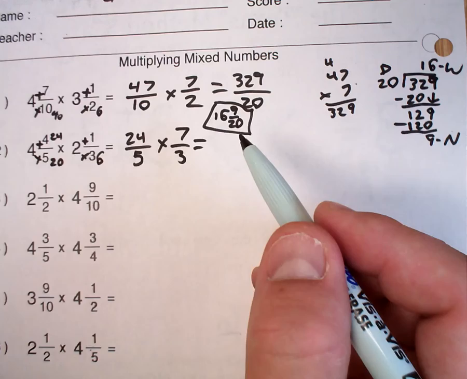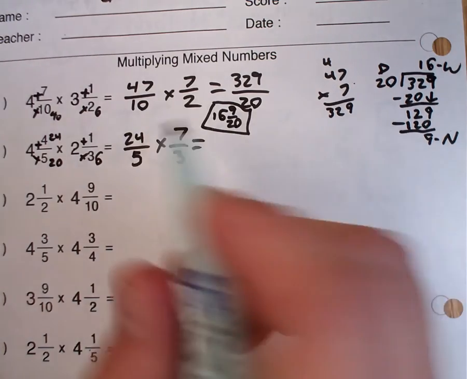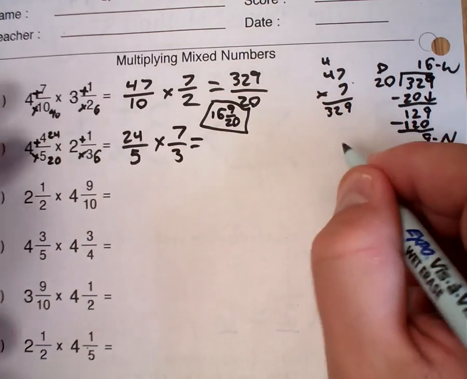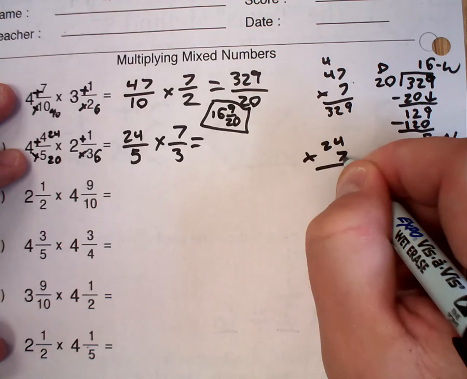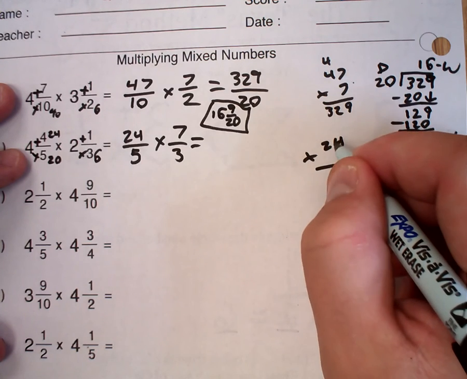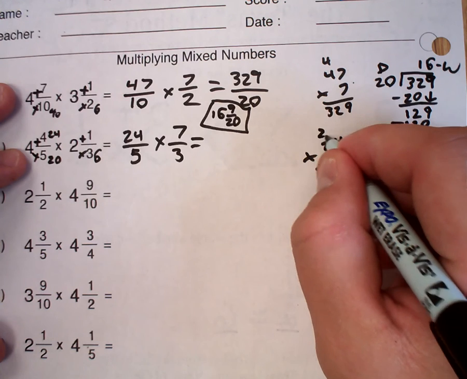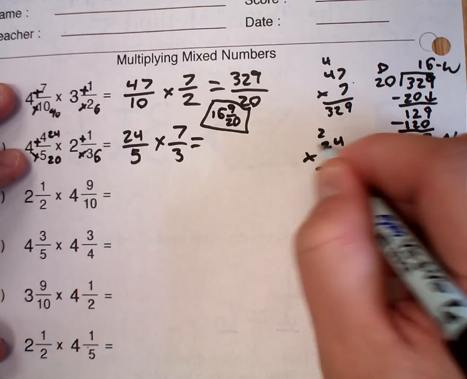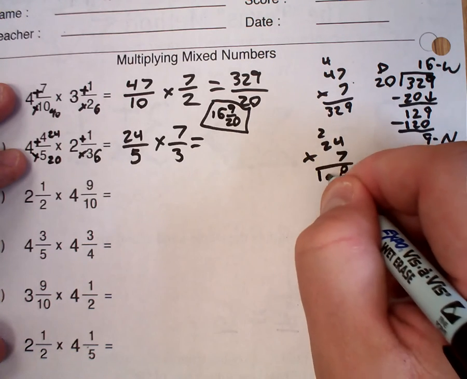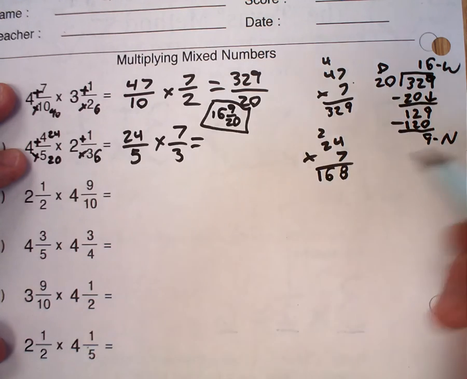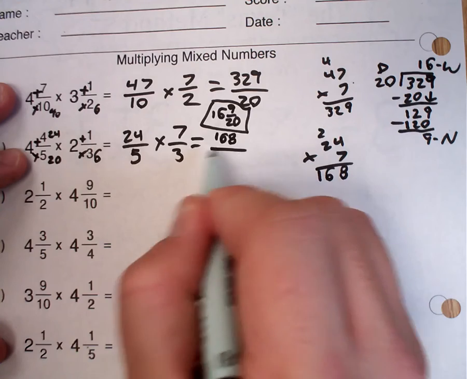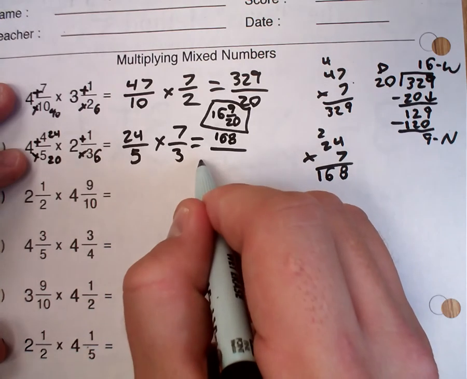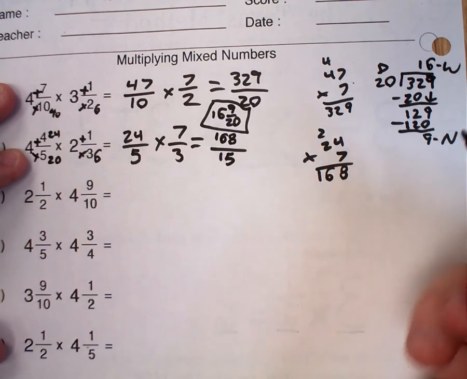Go on across. We're going to do 24 times 7. I'm going to do my math over here. 24 times 7. 7 times 4, 28. 7 times 2, 14 plus 2, 16. 168. So right here we have 168 over 5 times 3, 15.